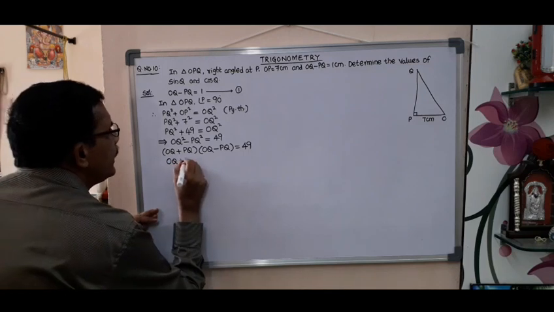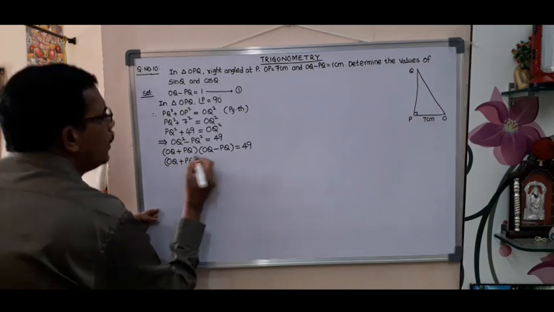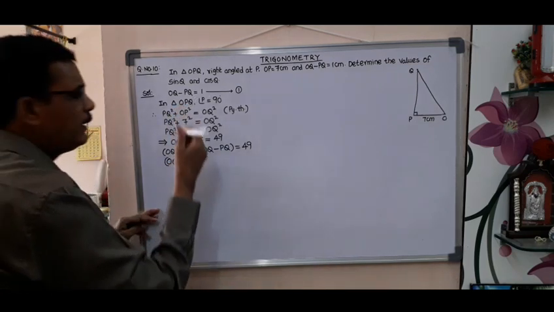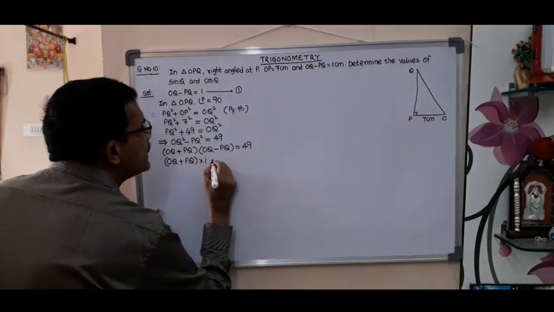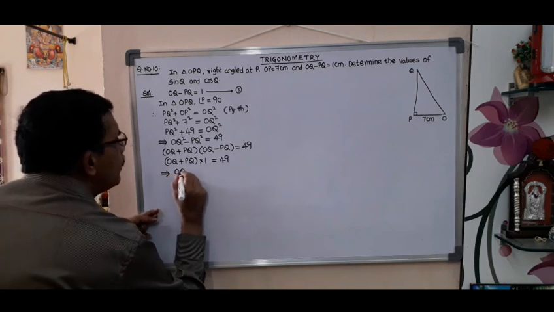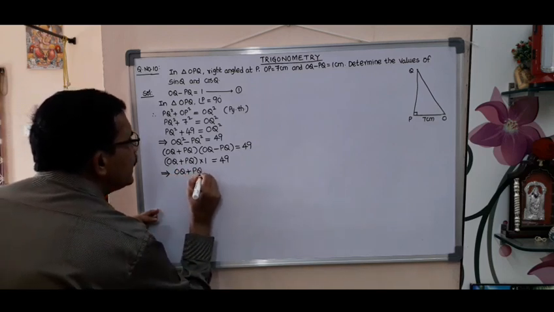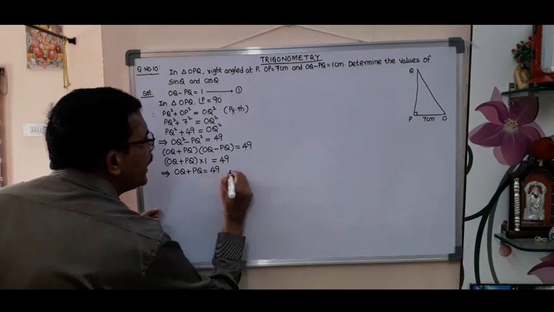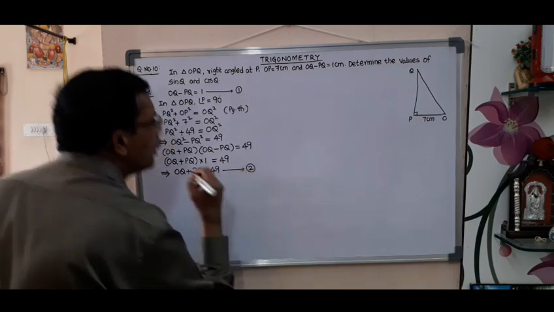OQ plus PQ into OQ minus PQ value is given 1, so 1 into OQ plus PQ is equal to 49. Implies OQ plus PQ is equal to 49. I am taking it as equation 2.